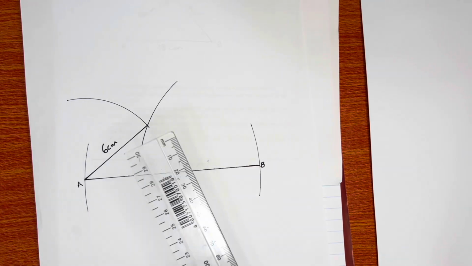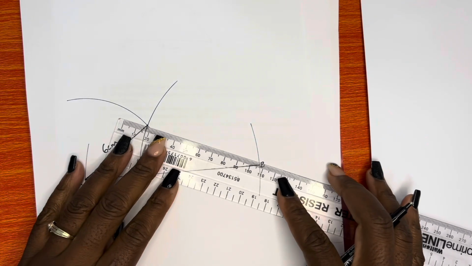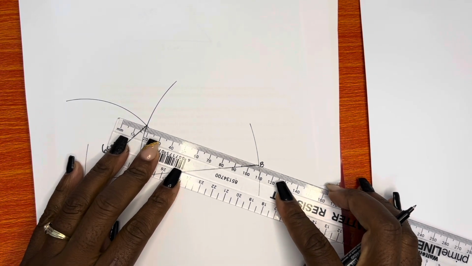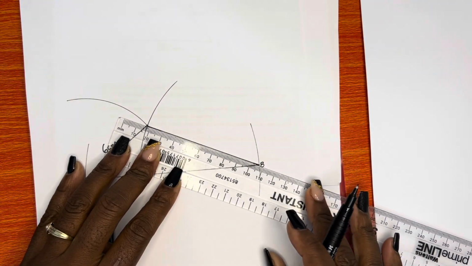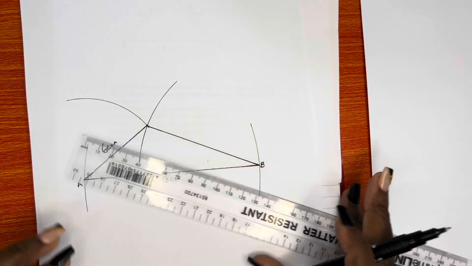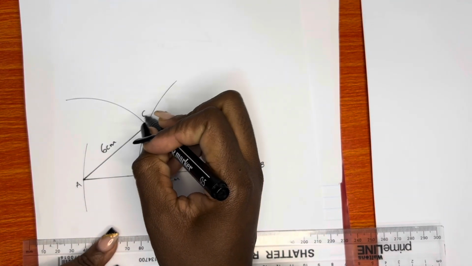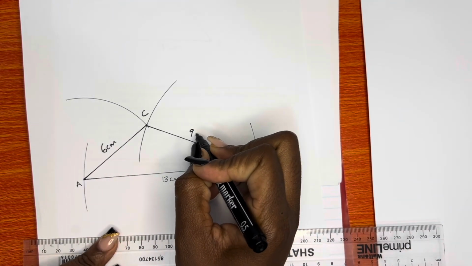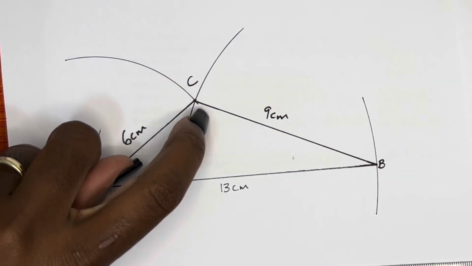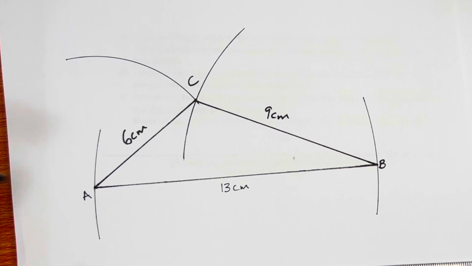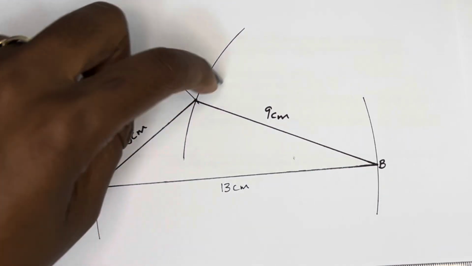We are going to have C there. We have 9 centimeters from B, and then here we'll have our C, and that is 9 centimeters. It's advisable that you make your arc just a bit longer, but what matters is that you see that they intersect.